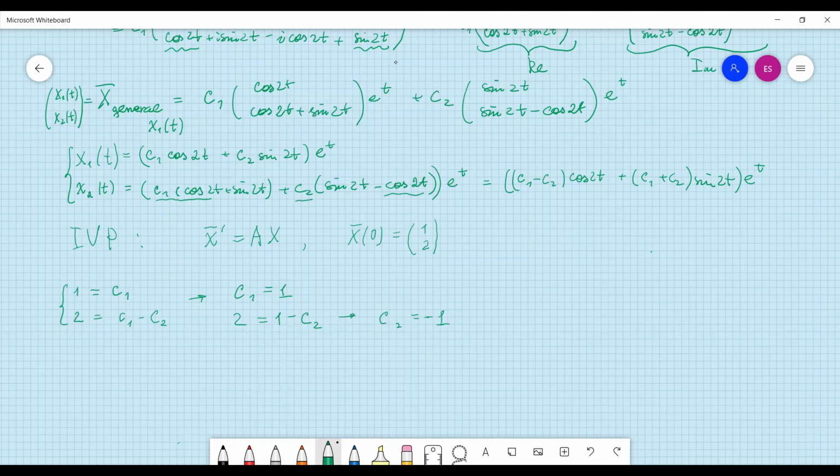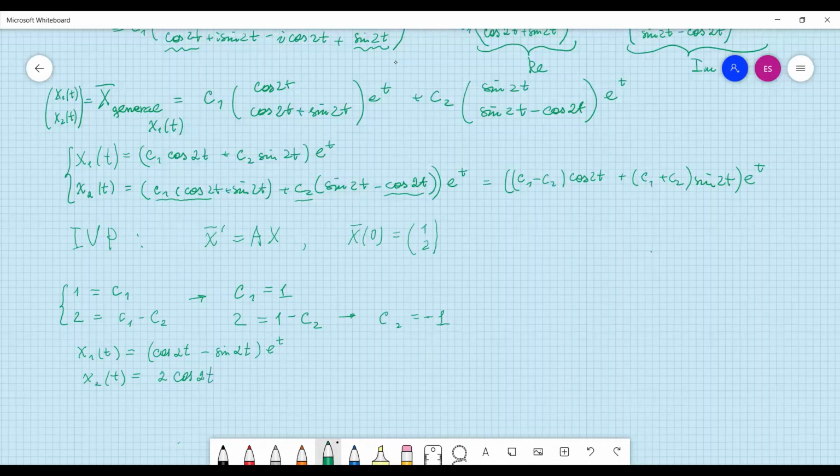Well, first let's write down the solution. So x1 of t is going to be equal, since c1 equals 1, I'm just going to write down cosine of 2t, right? And c2 equals -1, so minus sine of 2t, and e to the power of t. x2 is going to be equal, and we do have c1 minus c2, which is 1 minus -1, which is going to give us 2 cosine of 2t, right?